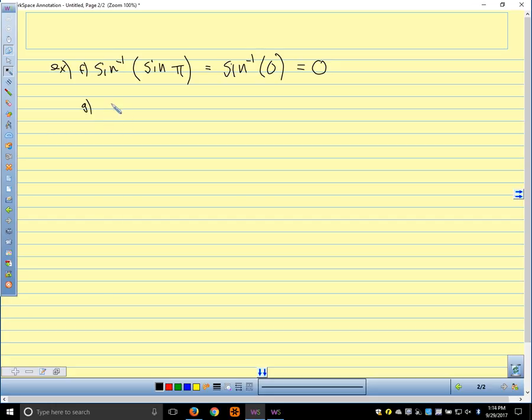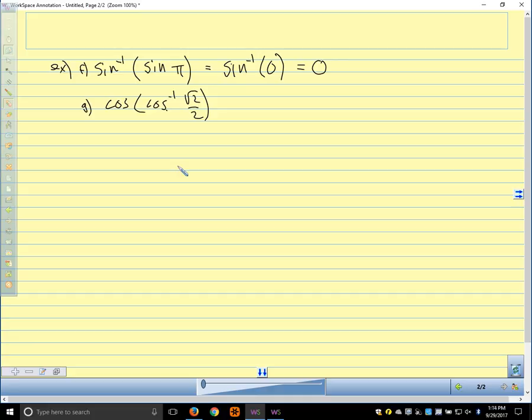How about the cosine of the inverse cosine of the square root of 2 over 2? Is this one going to give us any kind of problems? No. If we're not sure, we can always do it inside out.